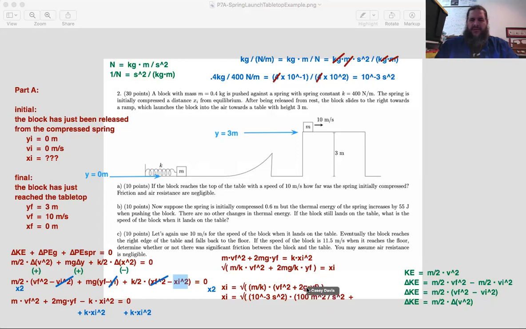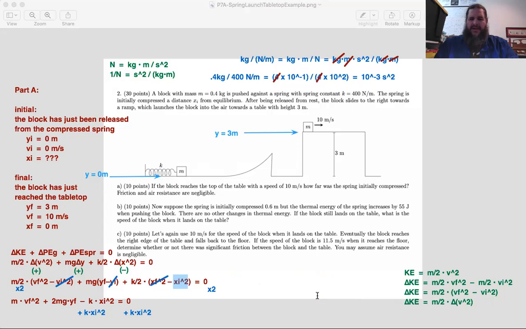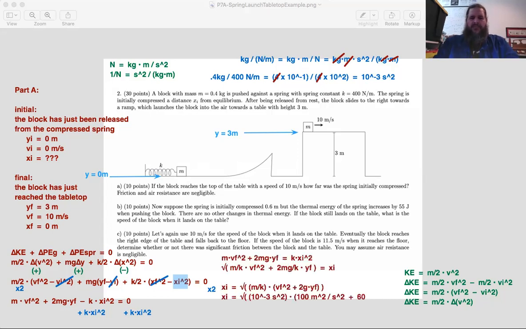What's the value of acceleration of gravity if you're on Earth? Yeah, closer to 9.8, but we'll round it off to 10 so we can do this in our heads. So 2 times 10 times 3 would be 60. And we need units for that as well. Y final is meters. Acceleration of gravity is 9.8 meters per second squared.